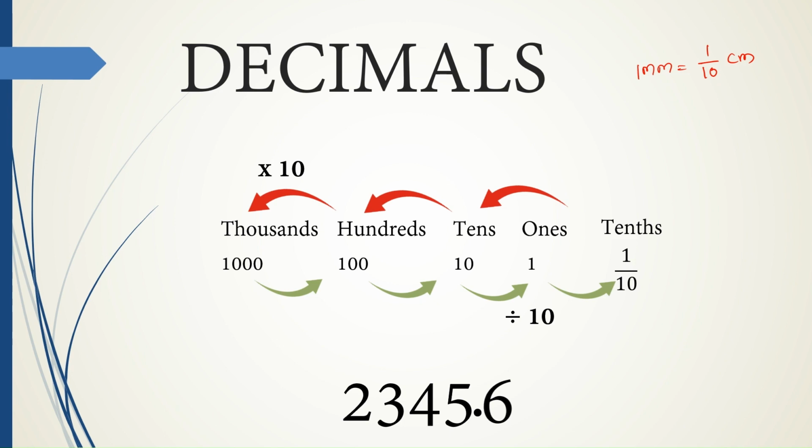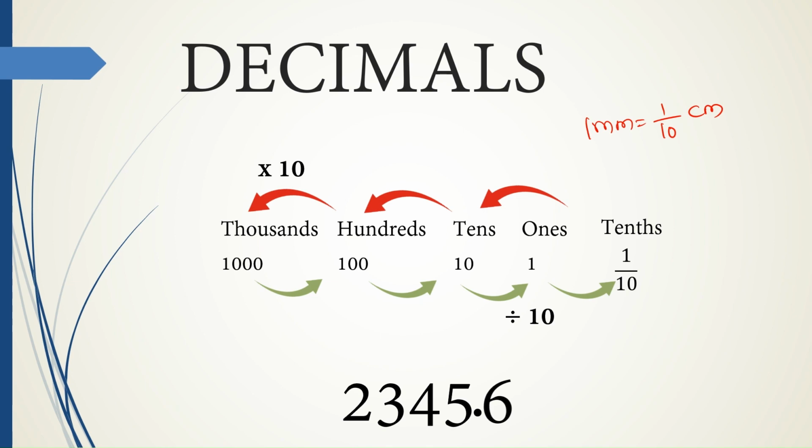When we insert this dot, it means towards the left of the dot is the ones place, and towards the right of the dot is the tenths place. This dot is used to separate the ones place from the tenths place, and it also represents from where the ones place has to be considered.